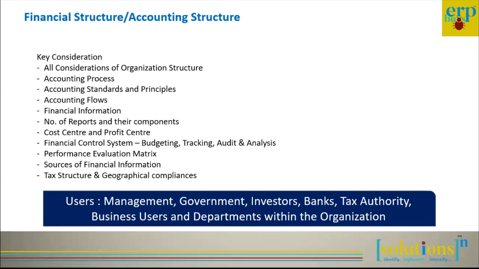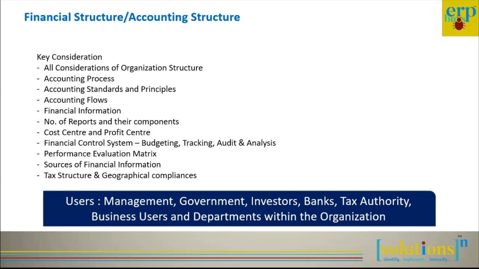Now, what are the key concerns? Whatever we have discussed in the organization structure or enterprise structure becomes the key for the financial structure as well, because wherever finance is related, those entities or elements of that structure will be linked with the financial structure, so that the financial transactions or activities performed in various functions get recorded in the form of transactions, journals, and entries in the ERP system.